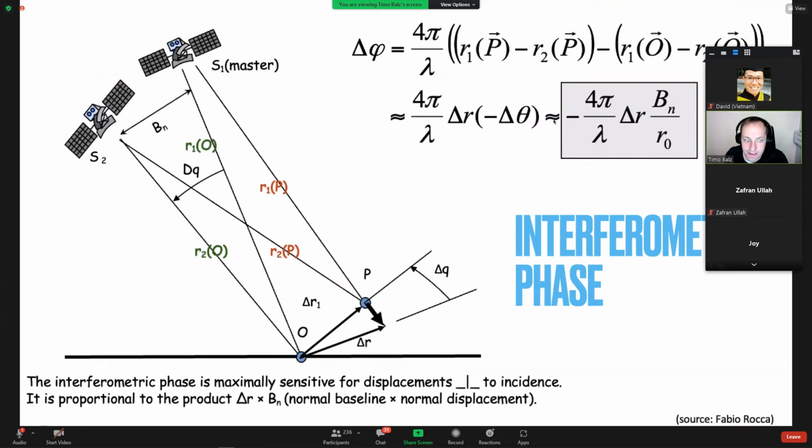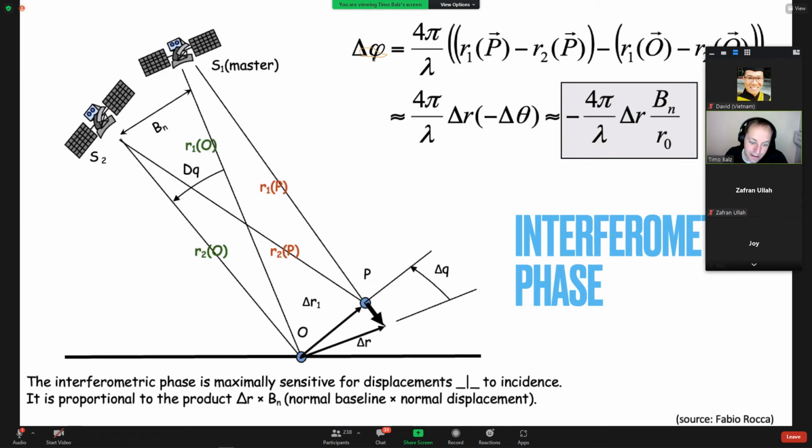We see that here in the baseline. We have the baseline between the two, and basically we are forming such triangles to go from baseline and range differences to height, to phase differences.